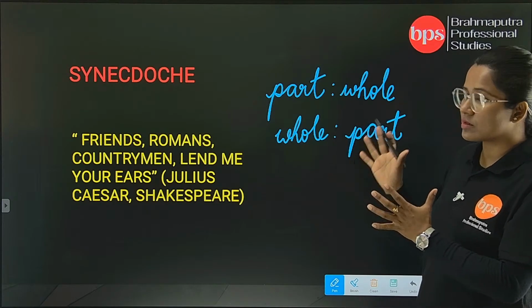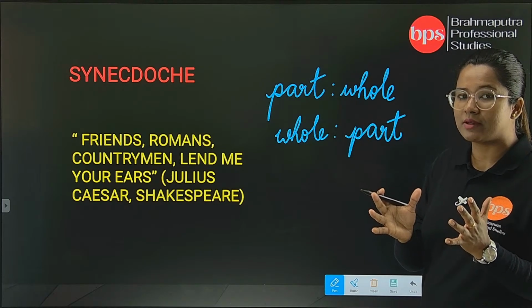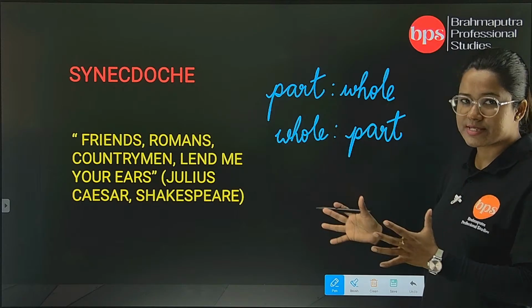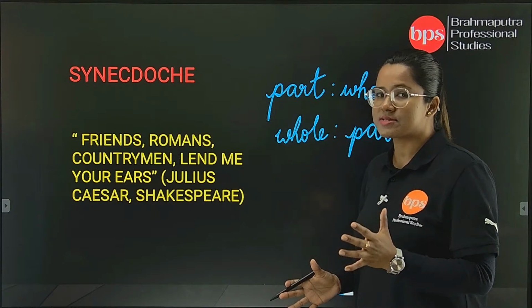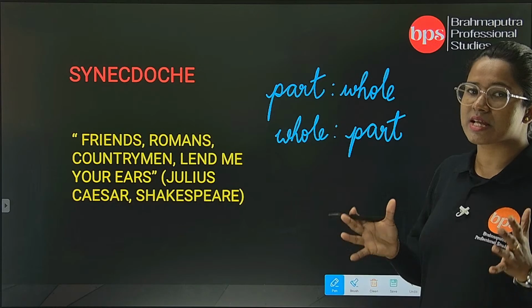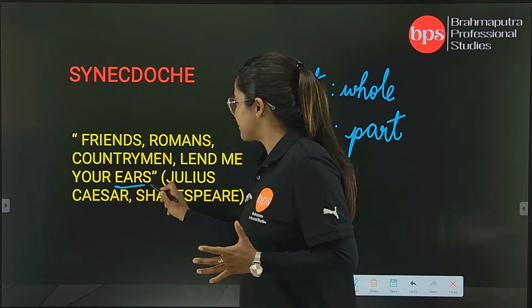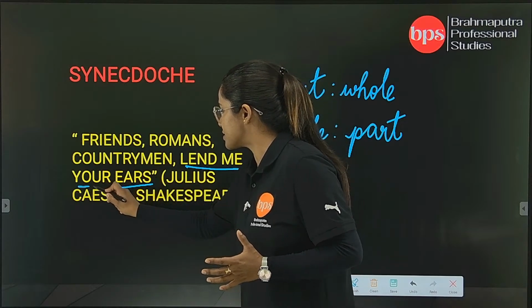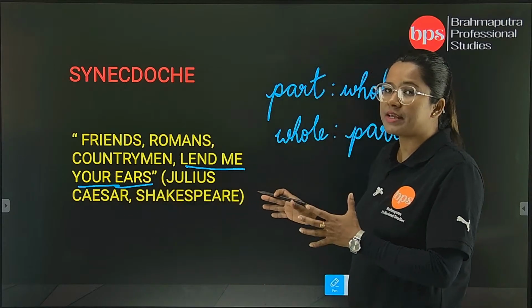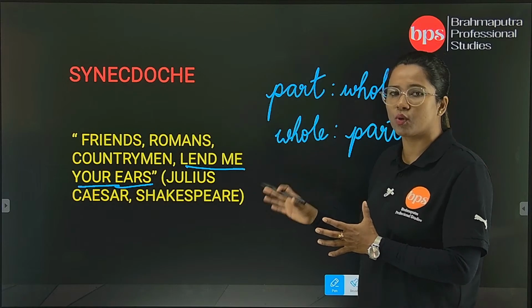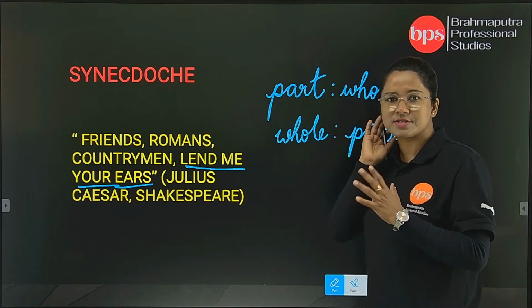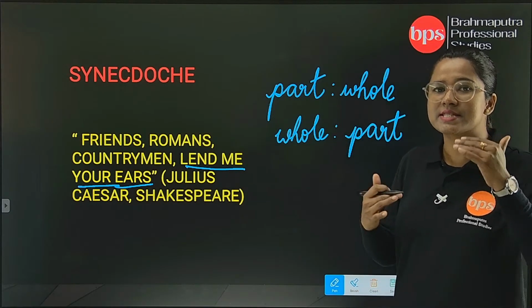And what is this? We will get to know when we refer to the example. Here the example is, friends, Romans, countrymen, lend me your ears. Now see, this is the reference where the part is being expressed in this whole. Lend me your ears means listen to me.